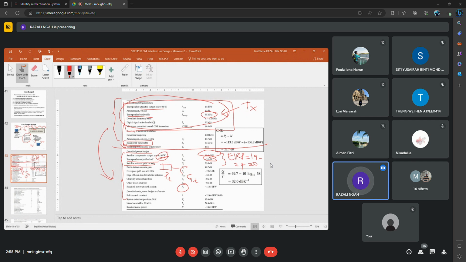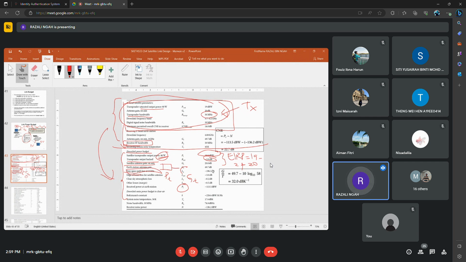For the downlink frequency band, you are given the range, but normally you are given one specific frequency so that you can determine the free space path loss. For example, here, the free space path loss at a frequency of 4 gigahertz.